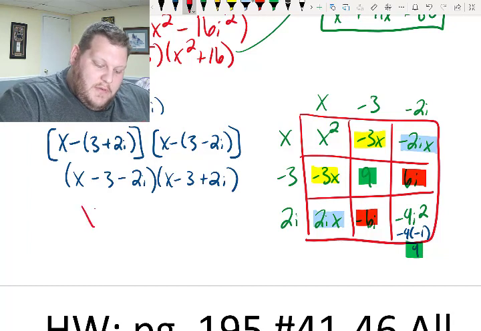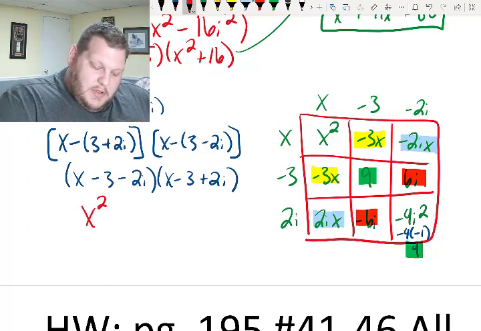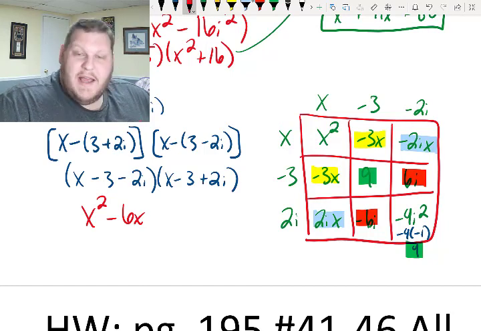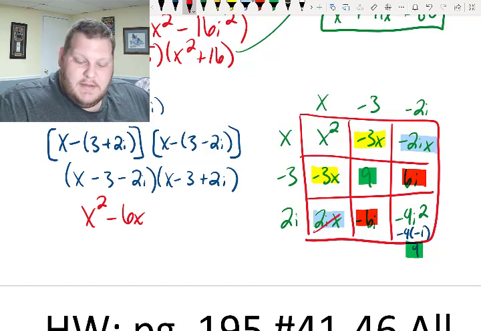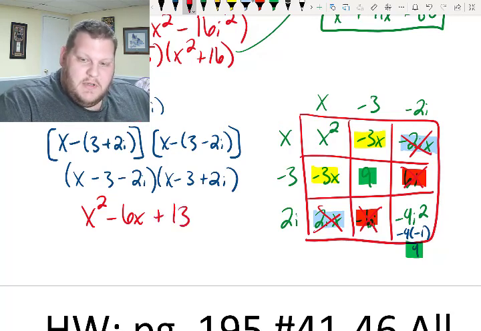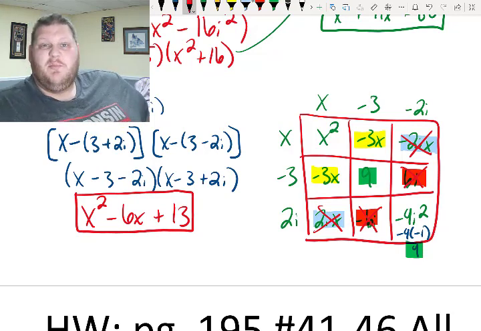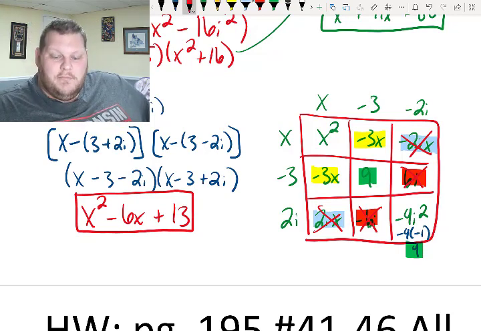So in total, we've got x squared minus 6x. If you notice these two in blue, +2ix and -2ix, they just cancel each other out. My -6i and my +6i, once again, those just cancel each other out. 4 and 9 adds up to 13. So super messy, but a very simple quadratic. So that would be what that factors out into.